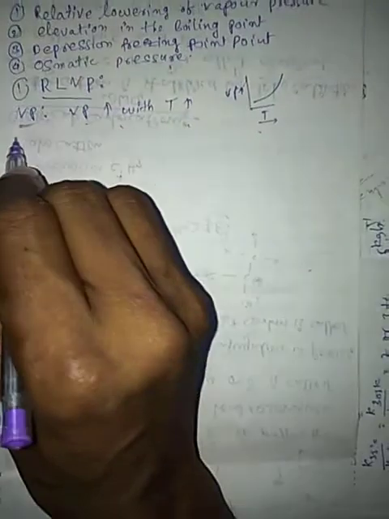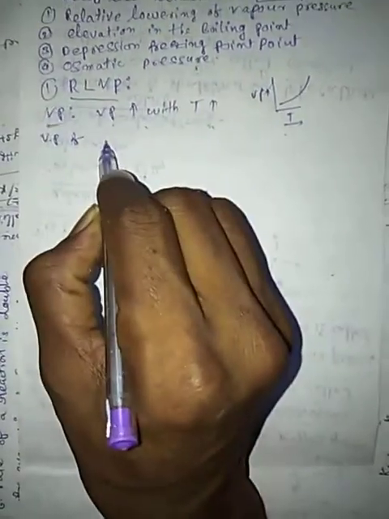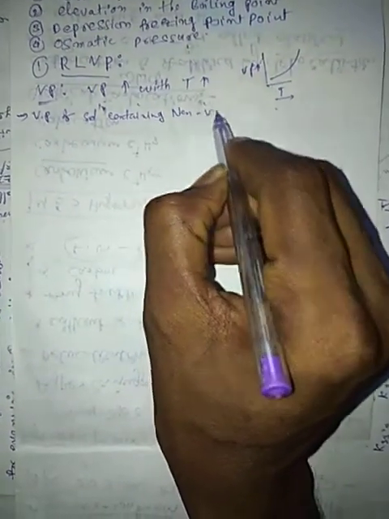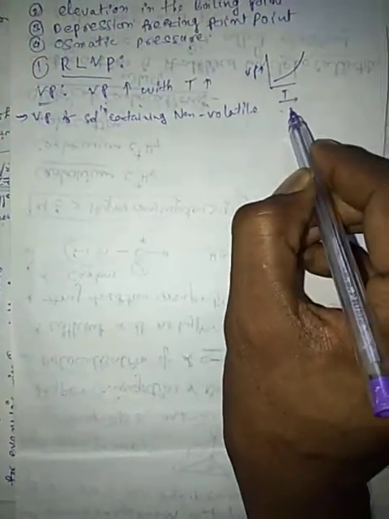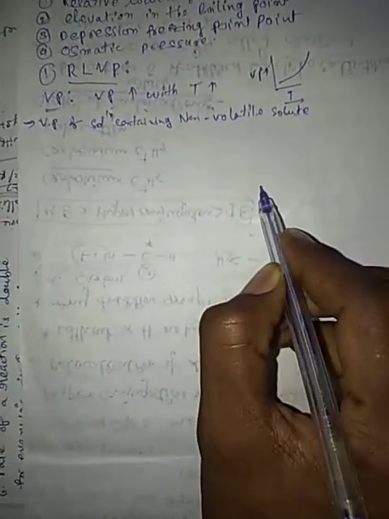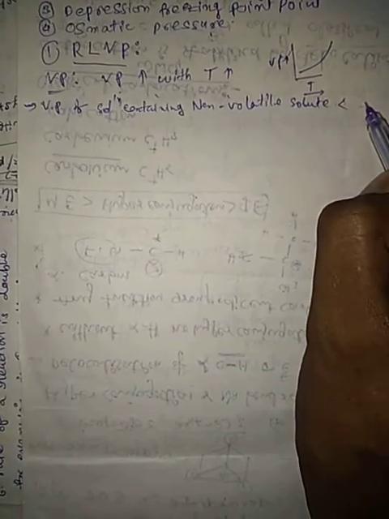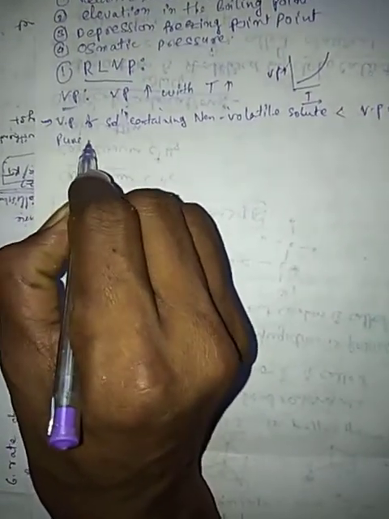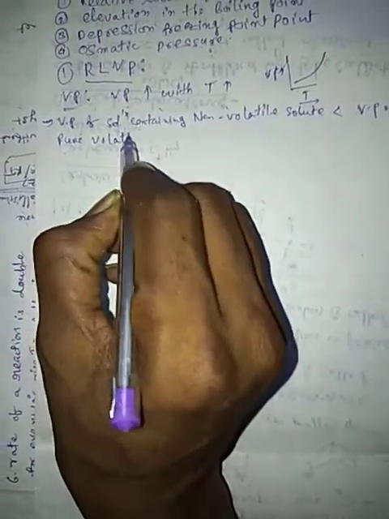Now I am writing: the vapor pressure of a solution containing a non-volatile solute is less than that of the vapor pressure of the pure volatile solvent.